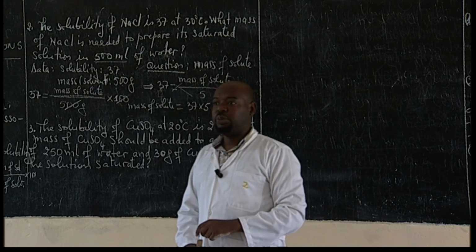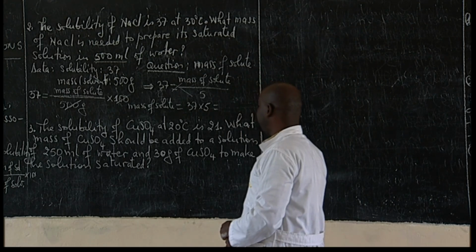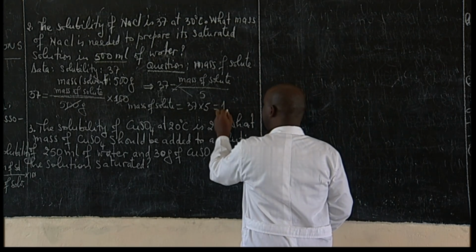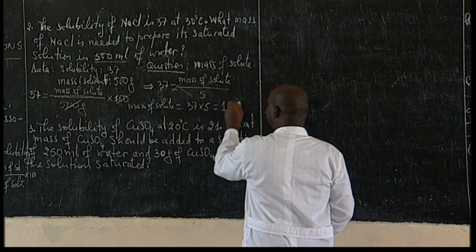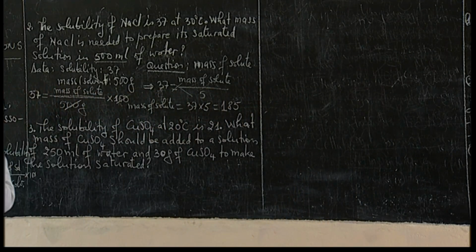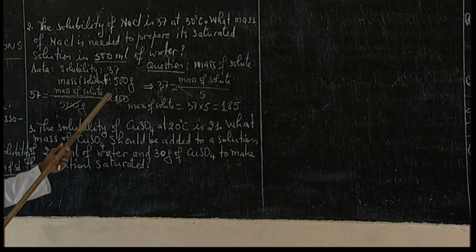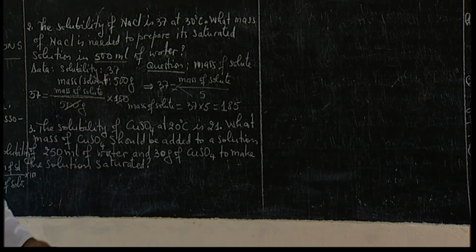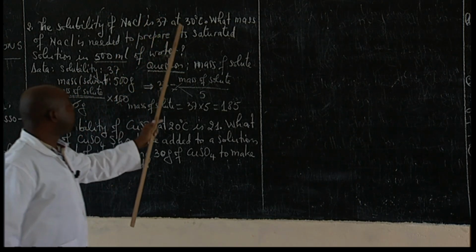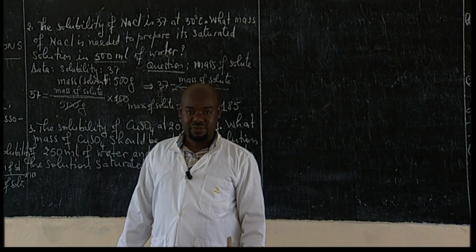Use your calculators, please. 37 times 5 is 185. So we need 185 grams to make a saturated solution of sodium chloride in 500 milliliters of water at exactly 30 degrees Celsius.